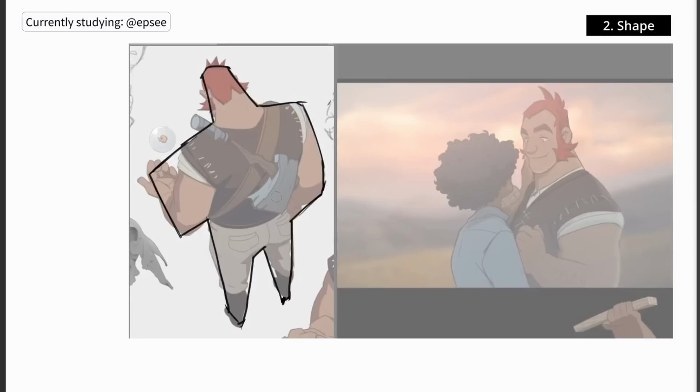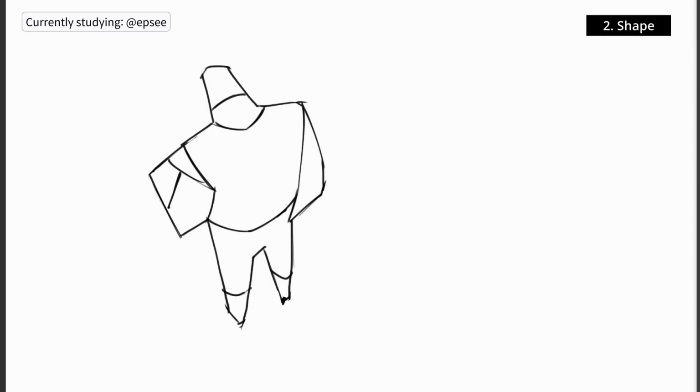Now that we have the basic shape down, we can start to divide that into even more shapes. And what you'll notice is that these shapes flow right into each other. All we're doing is dividing up these shapes into more shapes, but it's starting to really come together.